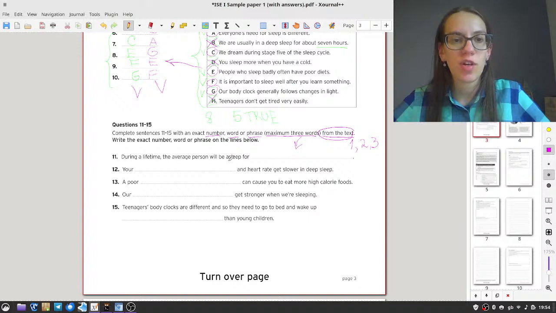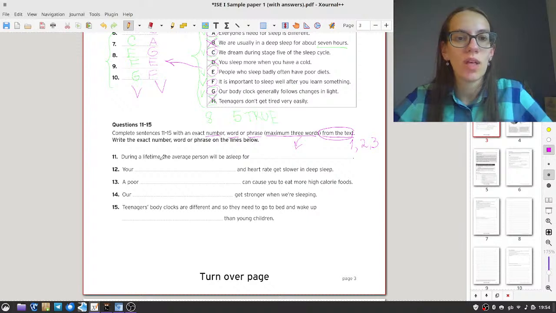So let's look at the first one. During a lifetime, the average person will be asleep for. What are the key words here? So we are interested in the average person and what they do during a lifetime.